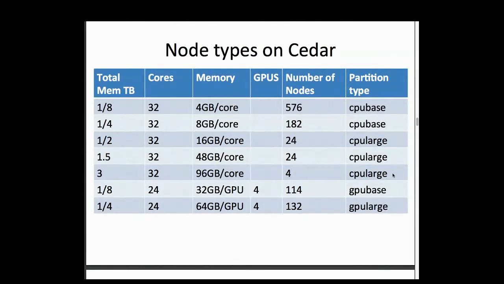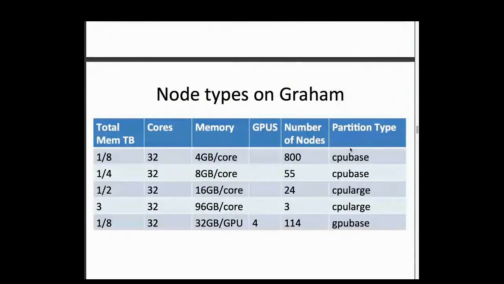So they're treated as a separate resource. There are also GPU base and GPU large on Cedar, with 114 and 132 nodes each. These resources are treated with separate partitions.